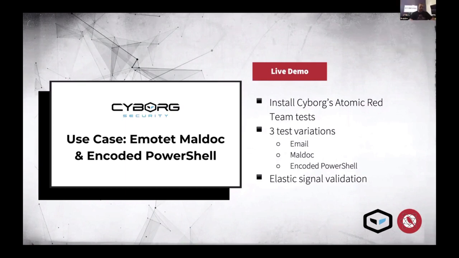Absolutely. So QakBot is one of the ones that's being dropped at this moment. As soon as we have some of those tests available, the thought process is that everything we've created is meant to be run on top of each other. So we could run an Emotet test, say the PowerShell encoded, just the encoding for some reason, and then kick off QakBot C2 or malware payload download, whatever the case may be.